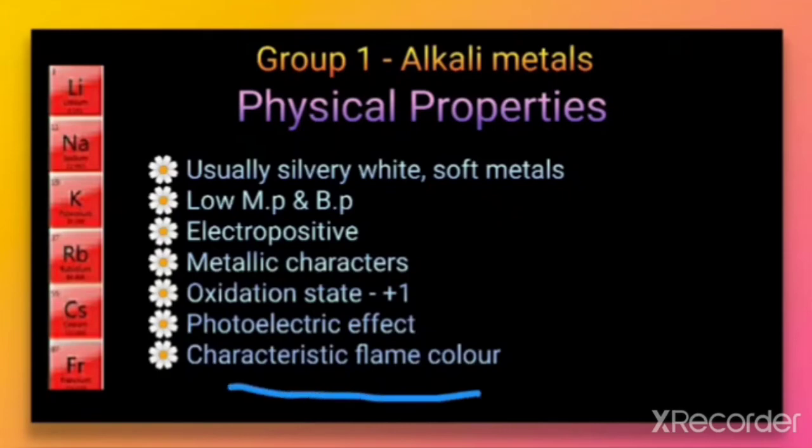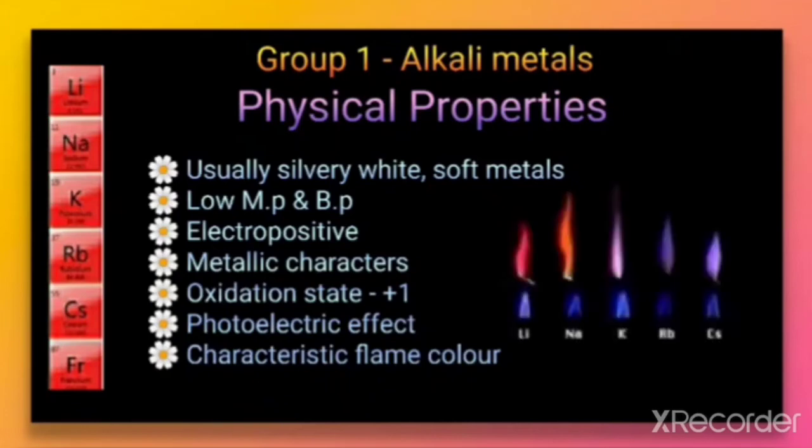When we do the flame test, there will be a characteristic coloration: lithium, crimson red; sodium, yellowish; potassium, violet; rubidium, red violet; cesium, blue. So a characteristic coloration is given by these metals or their salts in the flame. Therefore, it is called a flame test.